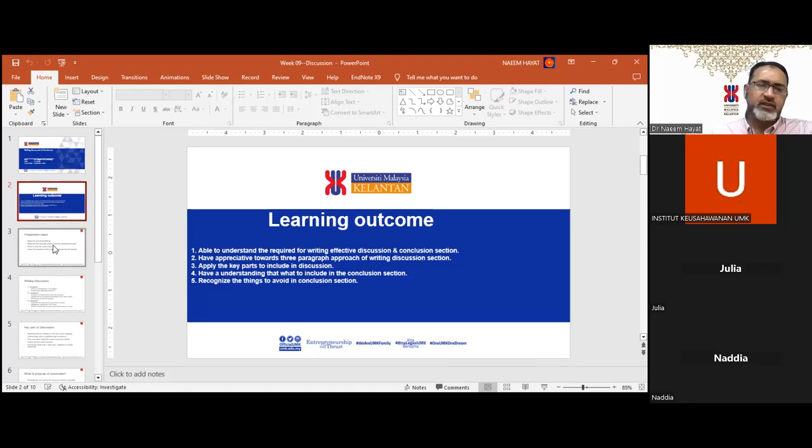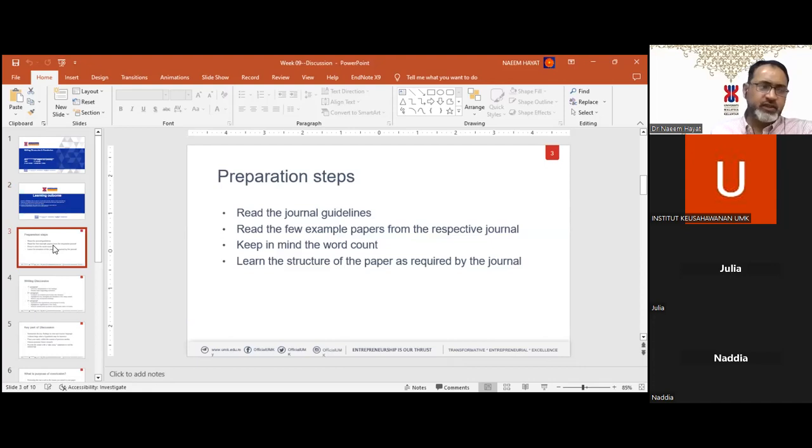The first thing in the preparation stage for writing the paper, as well as the discussion and the conclusion section, is that we must understand the requirements from the journal, and we can get them from the journal guideline. Every journal has its guideline for writing the introduction, the discussion, and the conclusion. We must go there. What can we find?